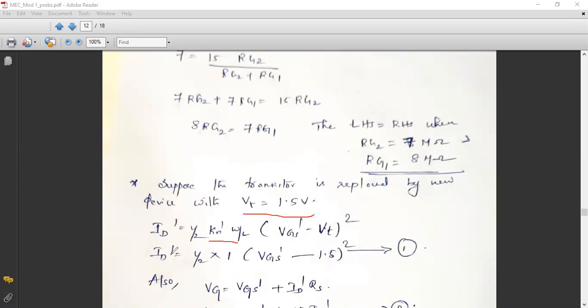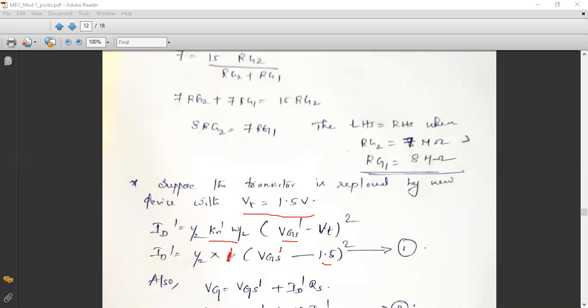The new value of ID can be considered as ID dash, and the new value of VGS I have taken as VGS dash. And VT is 1.5 volt. Again, Kn dash W by L is 1. There is no change for Kn dash W by L as per the question.